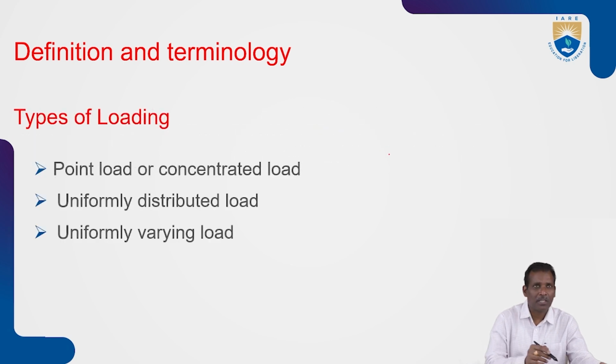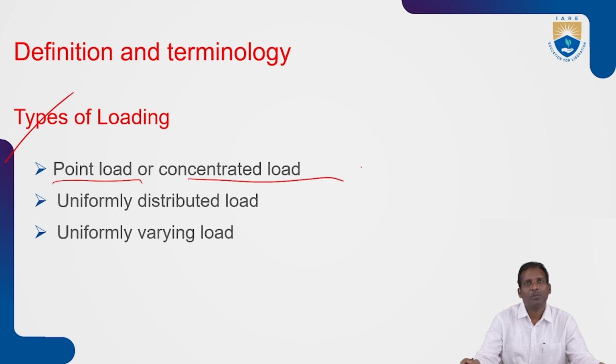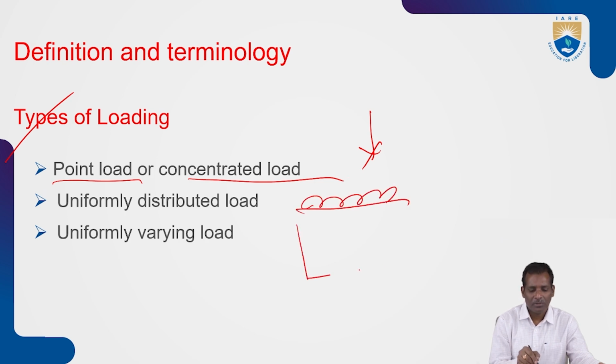So many types of loads are there. One is point load or concentrated load. Uniformly distributed load, it is UDL. Uniformly varying load. So like this, 0 to maximum.